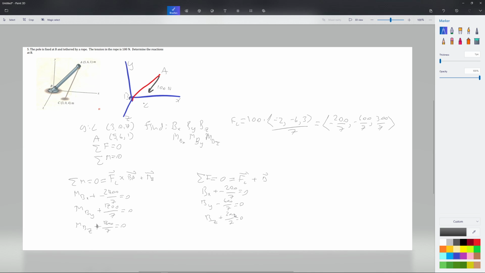So 2 equations, 2 unknowns. And also each vector is an unknown, and in 3D space, you have the full 3D equation for the sum of the moments and the full 3D equation for the sum of the forces. So you also have 2 unknowns and 2 equations.